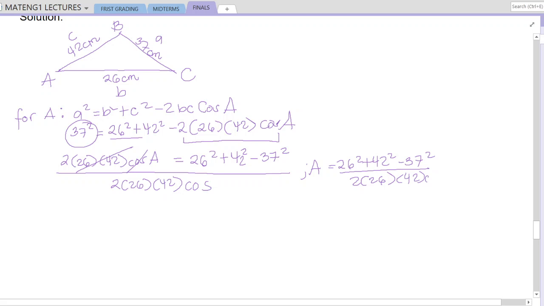multiplied by 42, but it will give us a math error here. So we have to use the inverse of cosine, which is cosine raised to negative 1.